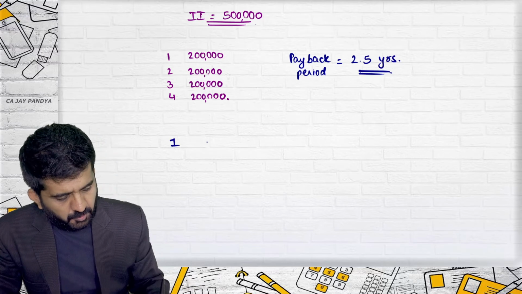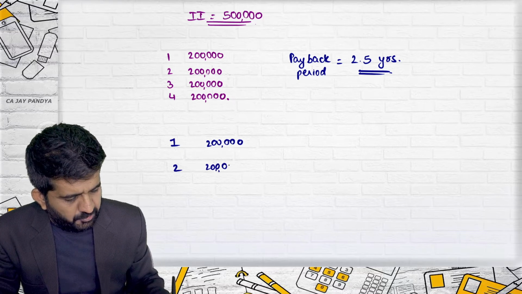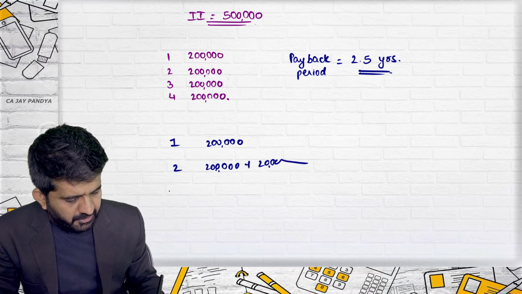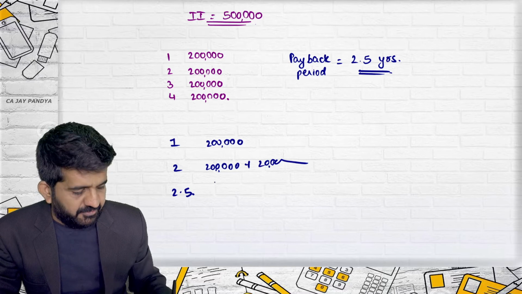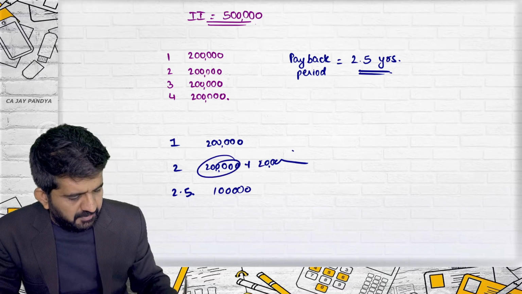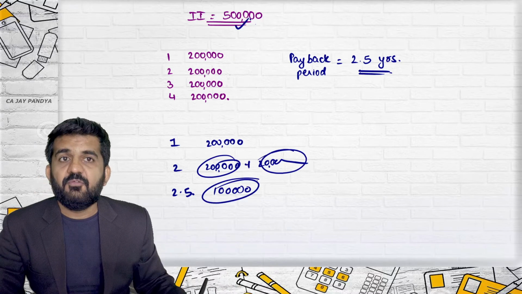In the first year, what will you recover? 2 lakhs. In the second year, 2 lakhs will be recovered. In the next 6 months, that is 0.5, you will be recovering 1 lakh rupees more. The total will be 2 lakh plus 2 lakh plus 1 lakh, that is 5 lakhs recovered in 2.5 years.